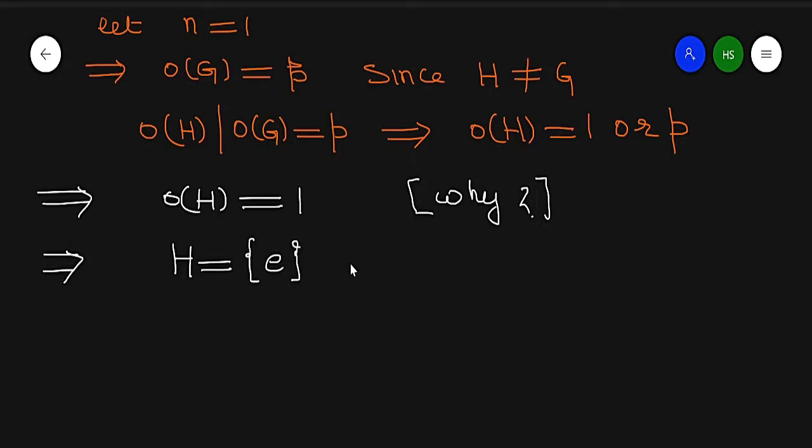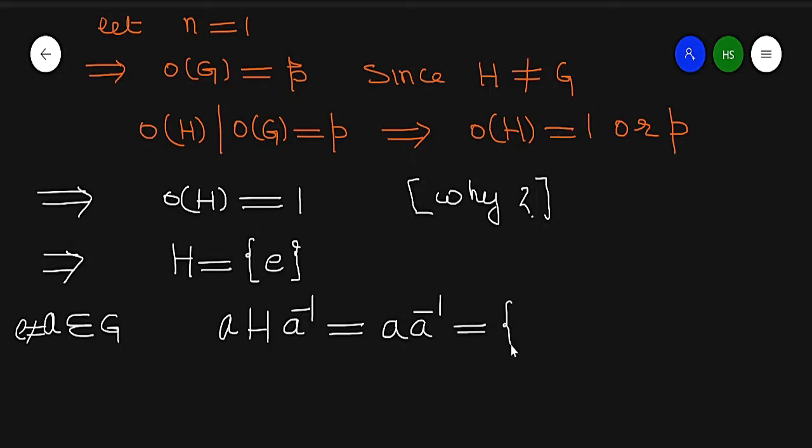Now if I take some element A belonging to G which is different from H, so it is a non-identity element, I write AHA inverse, that is A into H into A inverse. Since H is the identity, it becomes A into A inverse, which becomes only the identity, so it becomes H.